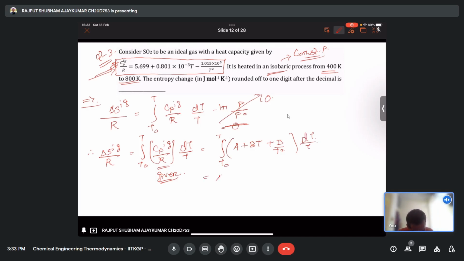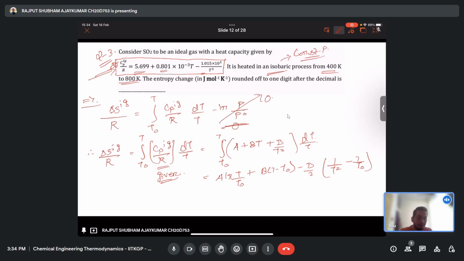This comes out to be A ln of T by T naught, plus B times (T minus T naught), minus D by 2 times (1 upon T squared minus 1 upon T naught squared). This is just to simplify the equation, so that I don't have to put the entire numerical terms here, like 5.699, because in examinations many of us will make errors, and I'm 101% sure that all of you will make errors by putting in this value and integrating it with the initial temperature.